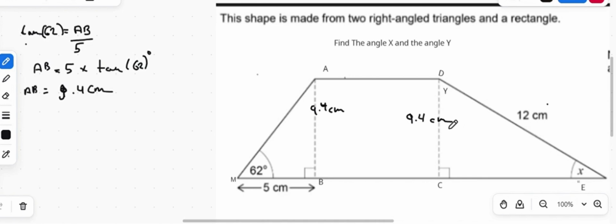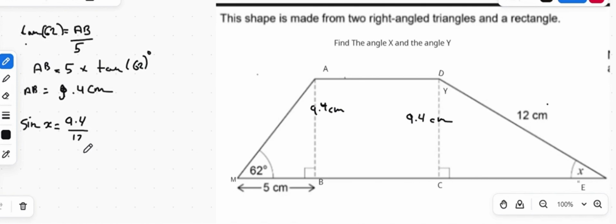Here we know the opposite of the angle X and we know the hypotenuse, so we can use the sine rule. So sine X will be equal to 9.4 divided by 12, which is almost 0.78, I guess.